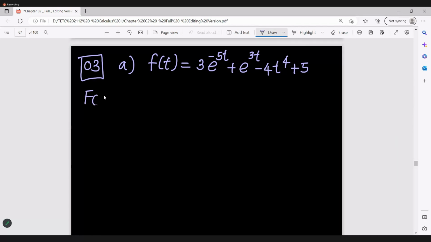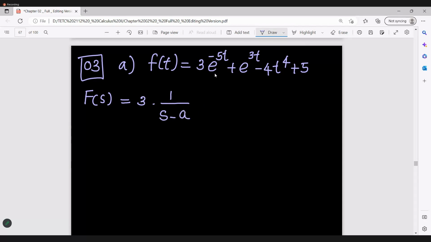We can write capital F of s equals, e to the power at. Now, if the given function is e to the power at, then the Laplace transform is 1 over s minus a. So we can keep this 3 as it is. And if it is e to the power at, then it should be 1 over s minus a.